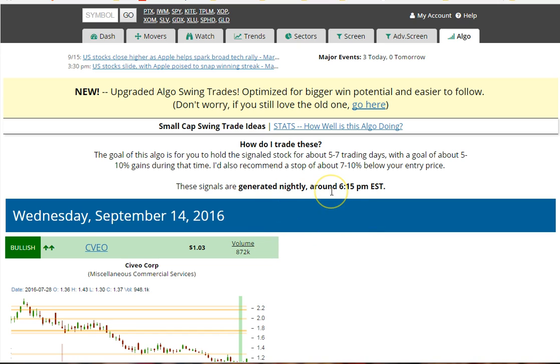Every day around 5:30 to 6 o'clock is when my data comes in for end of day, and it will compile that data, run through it, and then either come up with a pick, or there may or may not be a pick every night. So if there is a pick, I'm looking to send that out to your email if you're a registered member, and it will also appear on this page probably around 6:15 Eastern.